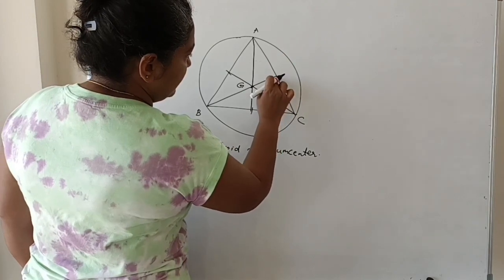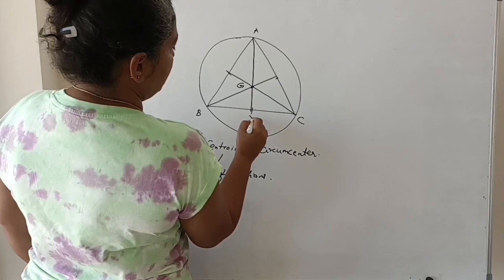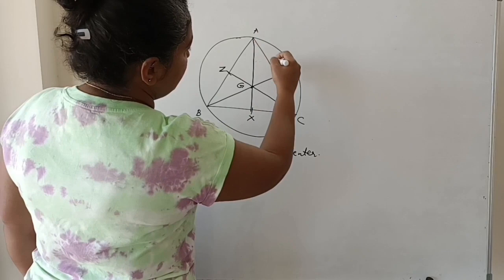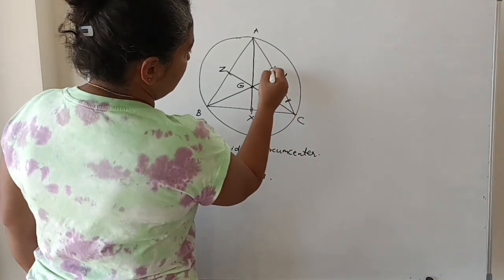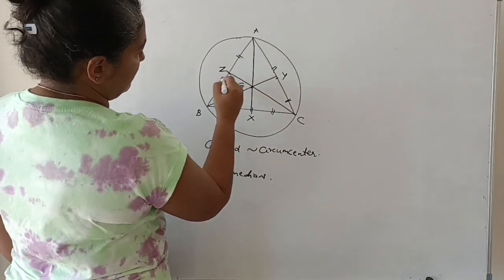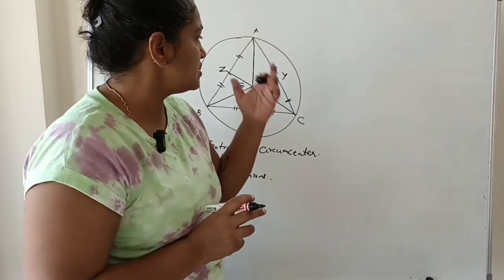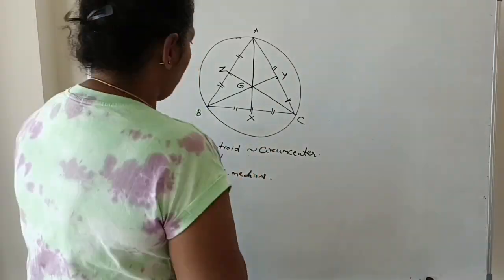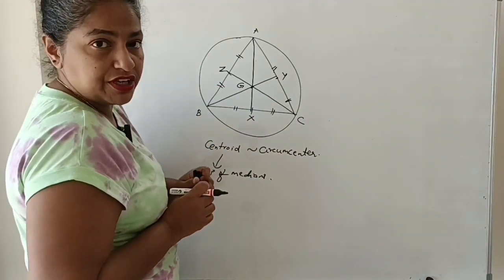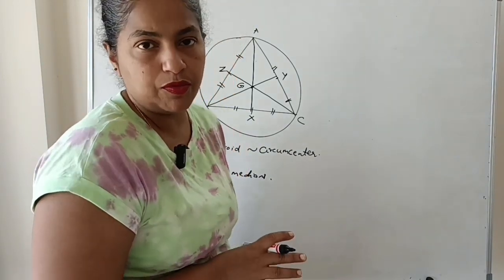When I am saying this is the median, let me call the feet X, Y and Z. I can say that AZ is equal to BZ, BX is equal to CX and AY is equal to CY. All these parts are equal to each other because they are the medians. Now, these three medians pass through the point G. We need to show that G and the center of the circumcircle are the same point.